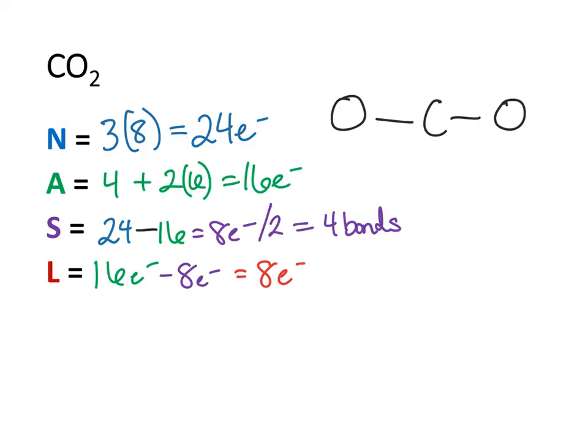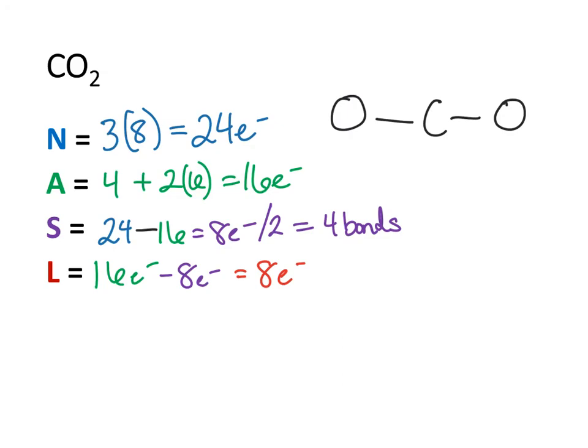Now, the problem we have here is, based on my calculations, we need 4 bonds in our diagram. I can't add any more oxygens because my formula tells me that I should only have 2 oxygen atoms in this molecule. So instead, I'm going to form what are called double bonds.